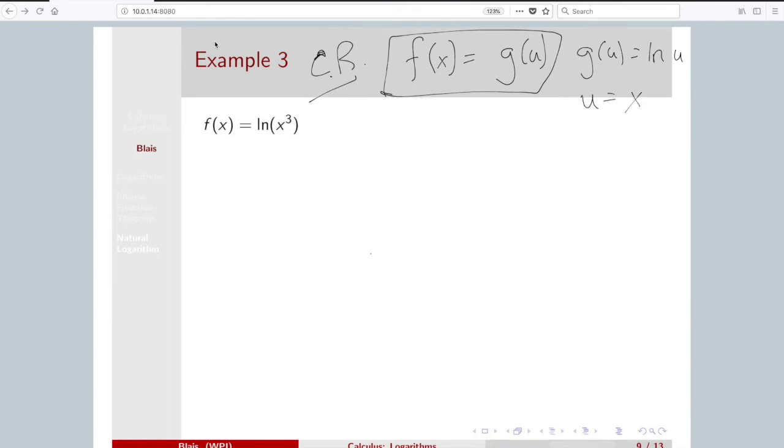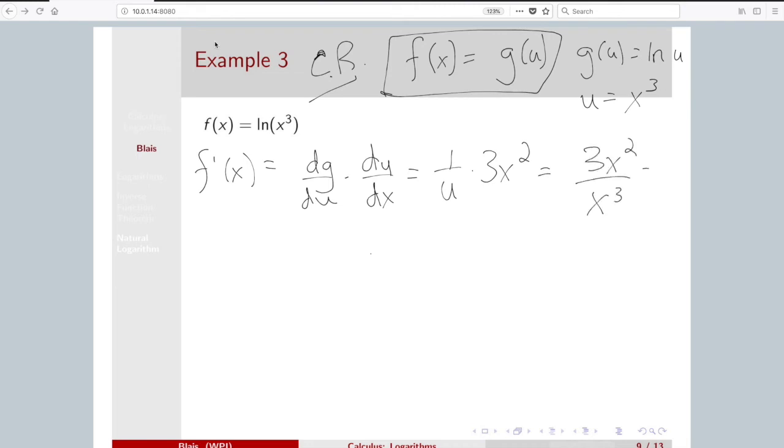And u equals x cubed, so that we can actually write f of x in this way. So chain rule says f prime of x is the derivative of g with respect to u times du dx. The derivative of g of u with respect to u, well, that's our theorem we just proved. That's 1 over u. And du dx will be 3x squared. If we plug in for u, this is 3x squared over x cubed, or 3 over x.